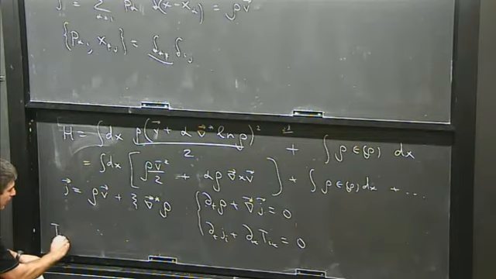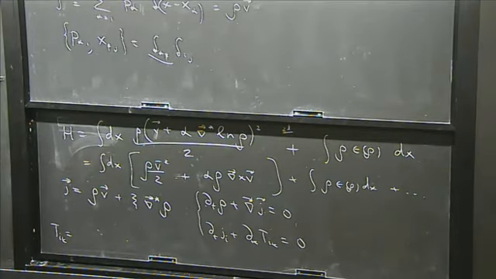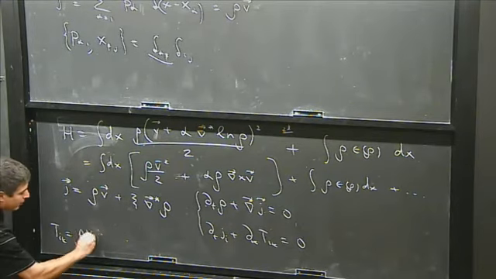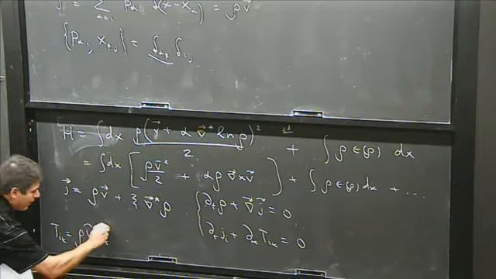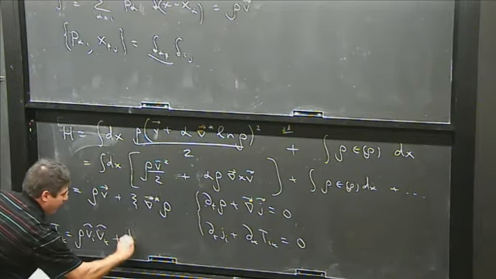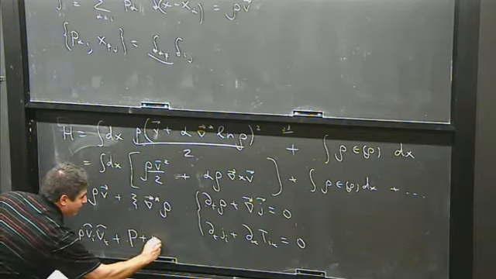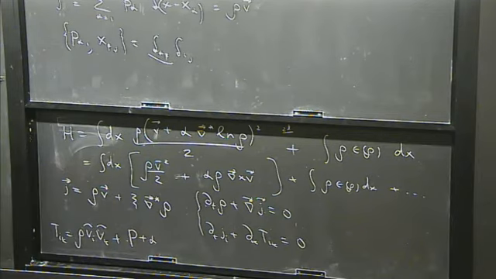Where T_ik can be written as rho v_i v_k plus, actually let me write it in big letters.